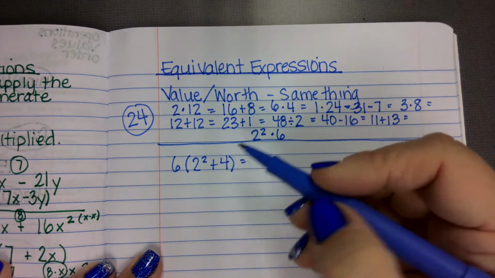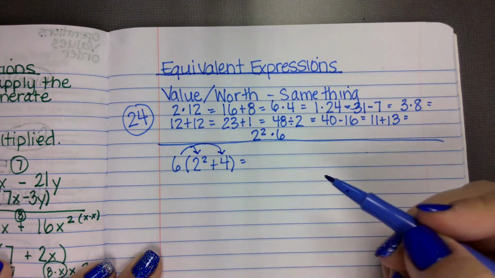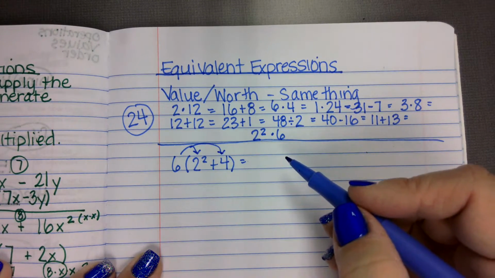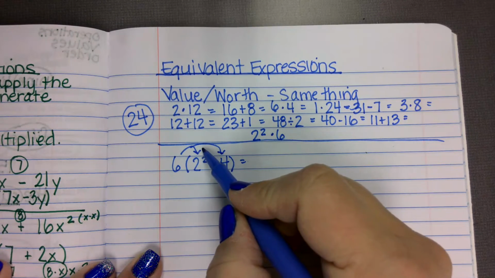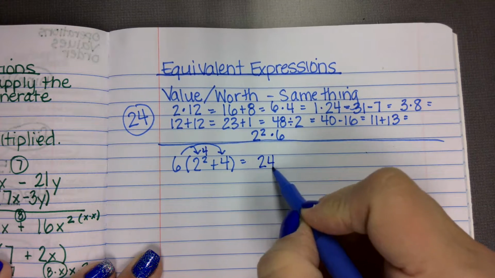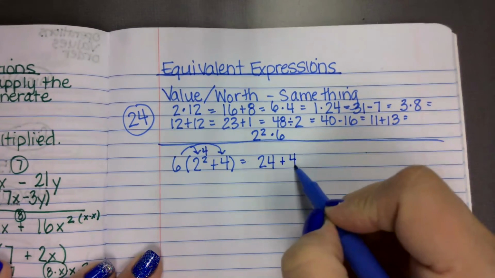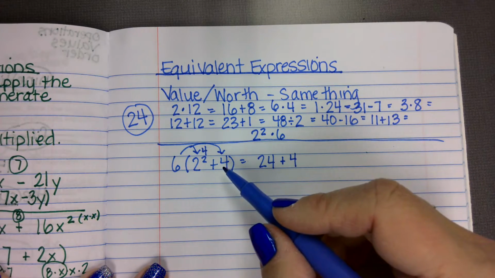Now I know that I can distribute. I can go, all right, distribute the 6. So using the distributive property, I can make a new equivalent expression. So I know 2 squared is actually a 4. So 6 times 4 would give me 24. And then plus the 4, right? So this would give me the same value as this.